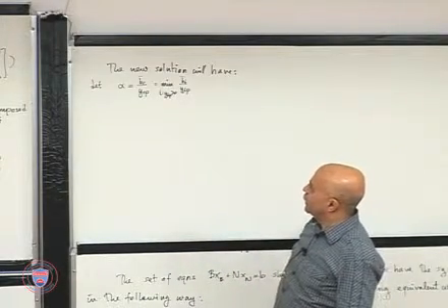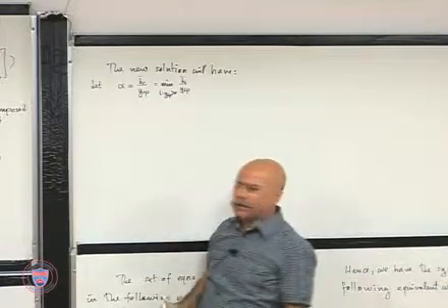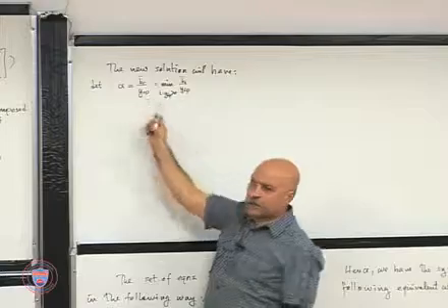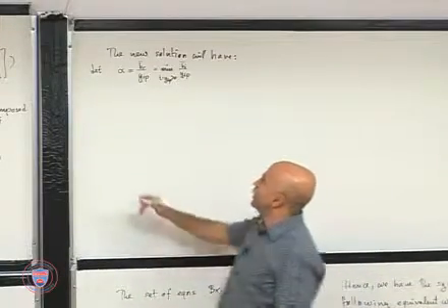Can it be 0? Yeah, of course. If b̄_r happens to be 0, it could be 0. But the divider here is always positive.